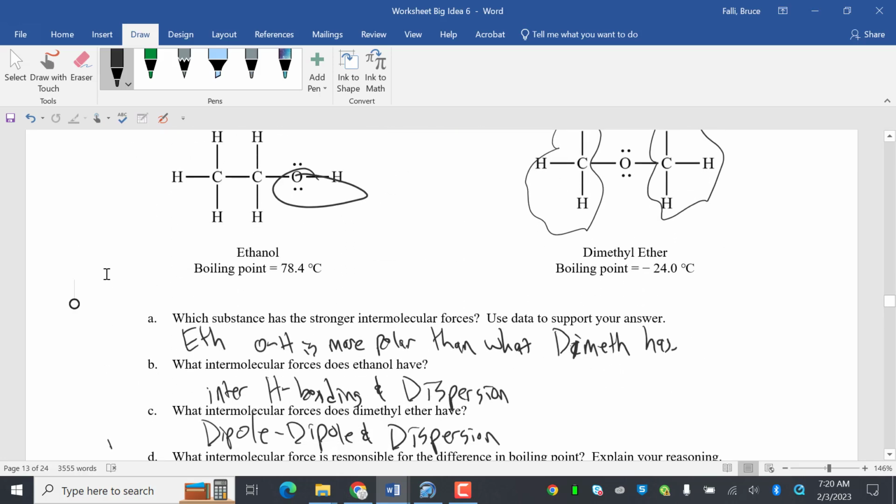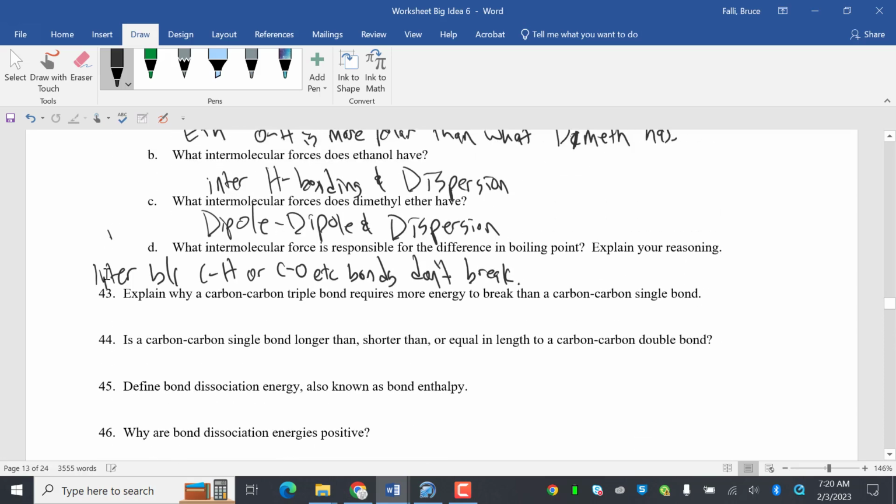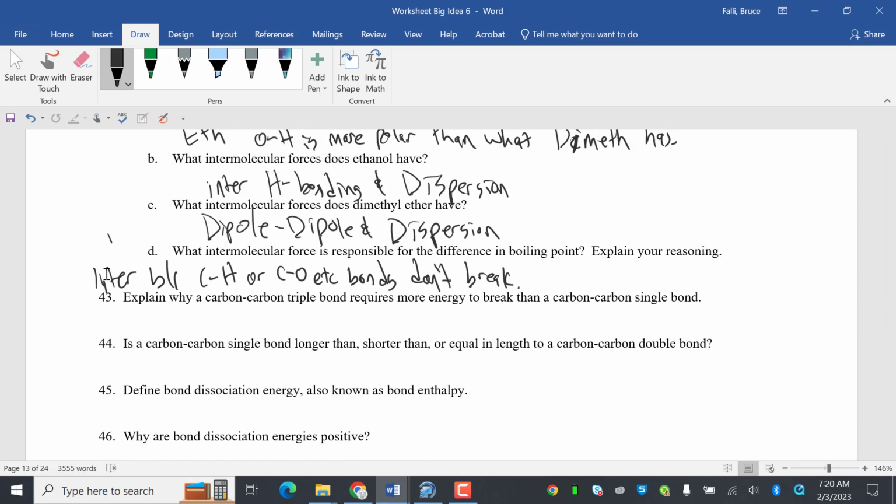Oh, I'm just considering two compounds. So what forces would be included? For ethanol it is H bonding and dispersion. And then for dimethyl ether, it would be dipole and dispersion.